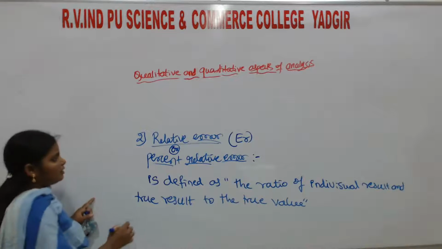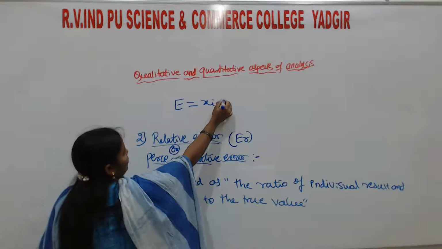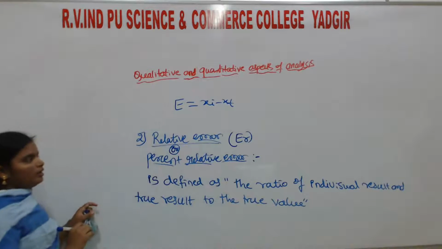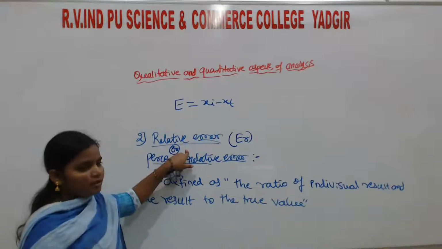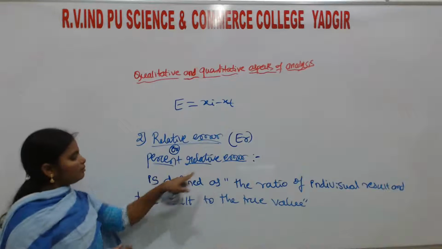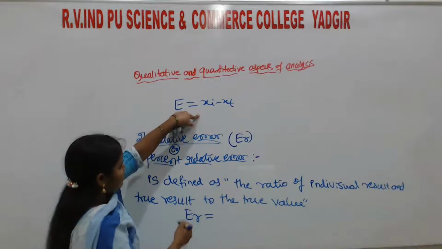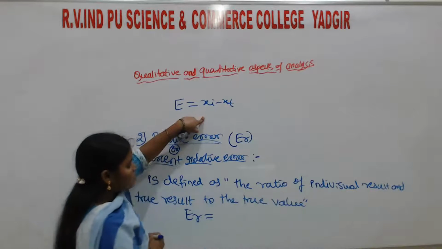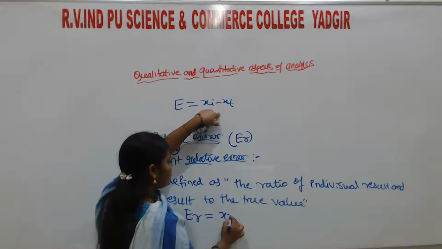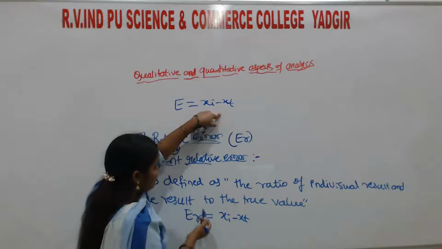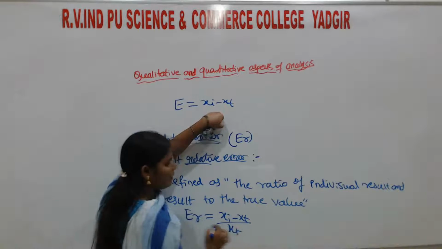See here, the absolute error formula is E = xi minus xt. And the relative error formula, or percent relative error, is ER = the ratio of the individual result and true result, xi minus xt, divided by xt.